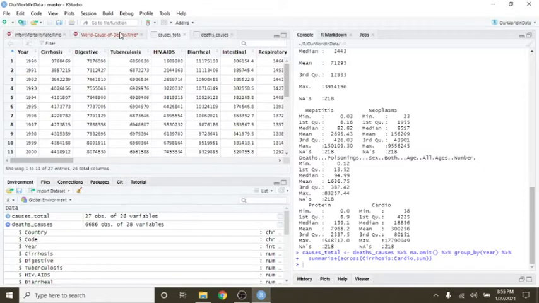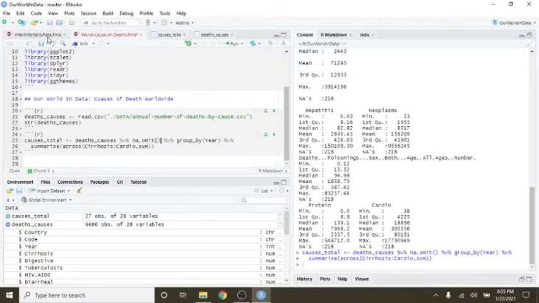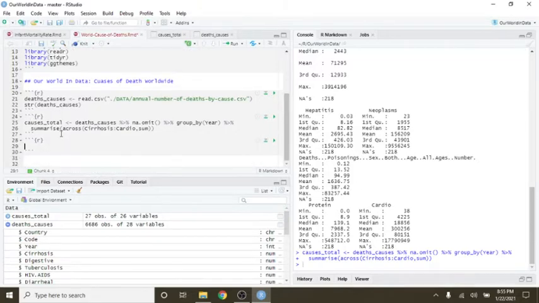Okay. So what did I add? I added an NA omit here. Now everything is happy. Okay. Let's do one more total. Let's do a total by country.